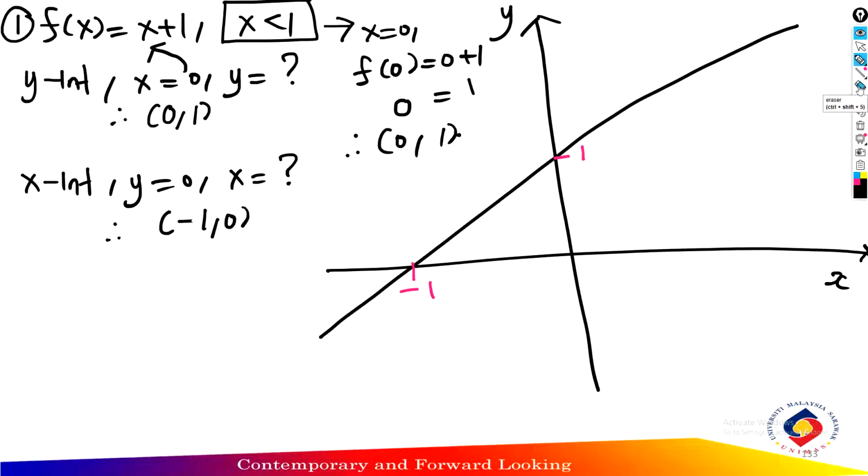Okay, so this is a correction. The value of x equals 1, so substitute 1 into the function, and the value of y equals 2.